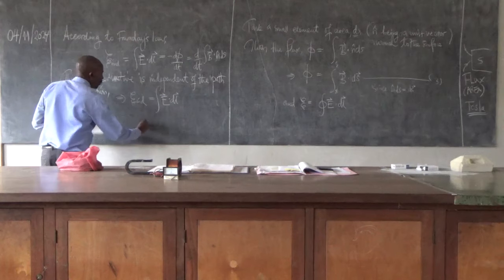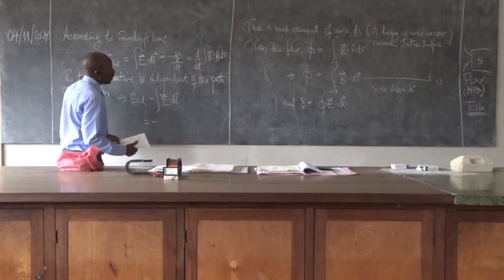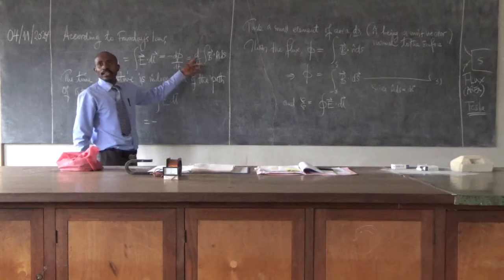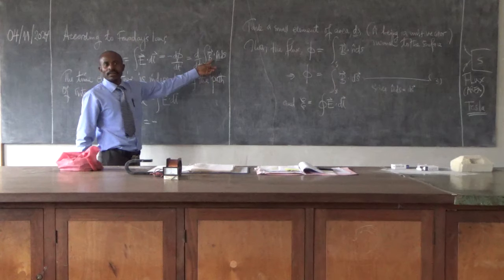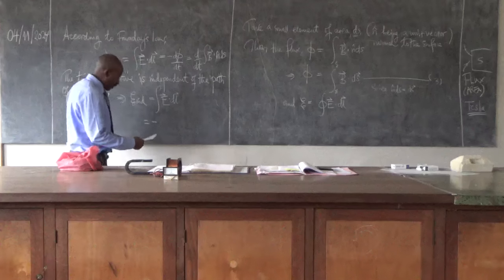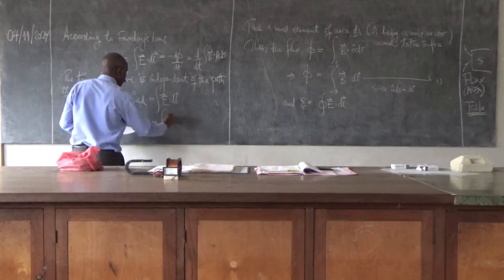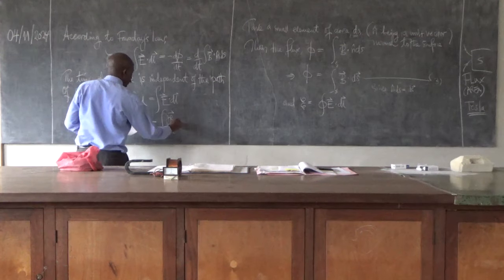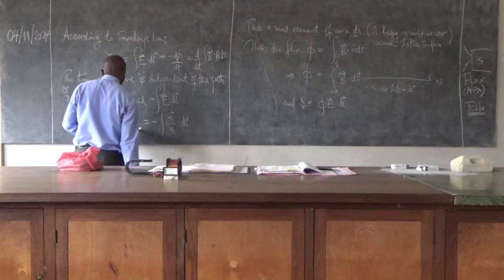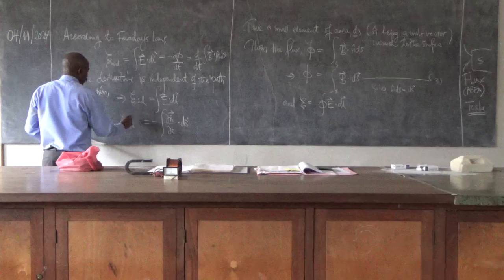And this is the same as minus, remember when we had d/dt of the integral of rho d tau, so we get the partial derivative, so this will be the integral of partial B by partial t dot dS. And this will be our induced EMF.